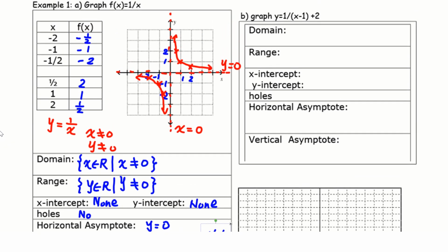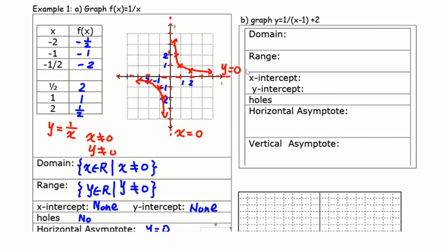Then we are going to see how, based on the reciprocal function, we could graph a rational function. So this one is 1 over x minus 1, plus 2. We could write it as a single fraction.